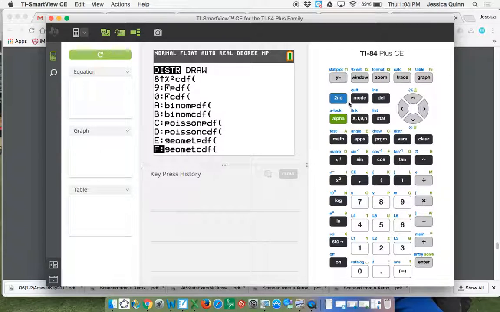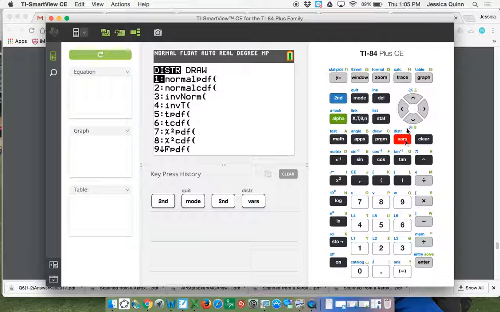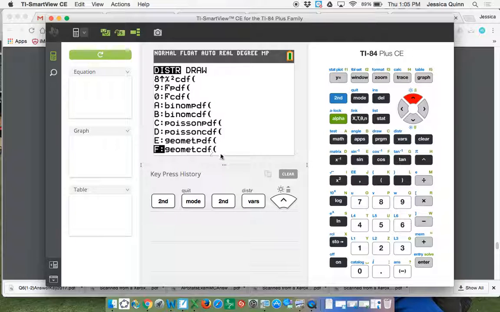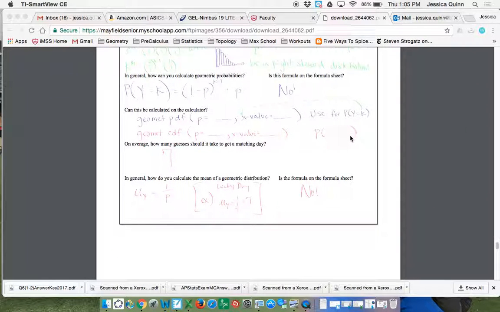If you go to second vars, and then the easiest thing to do is to hit the up arrow, and then there's your PDF and CDF for geometric distributions right there. Okay, and it works just like the binomial distributions. The CDF is less than or equal to, so if you don't start out with less than or equal to, you need to convert it into that before you start using your calculator.